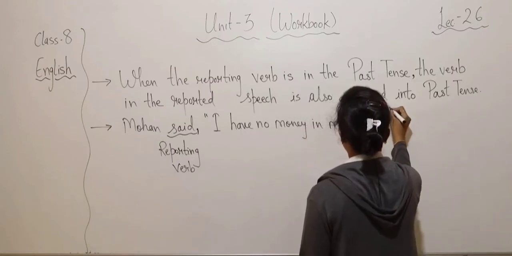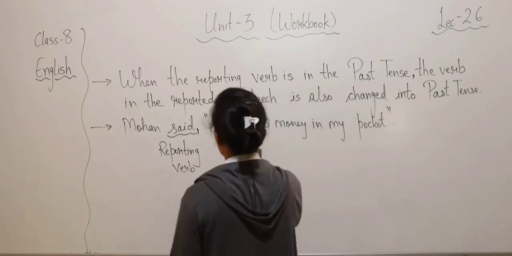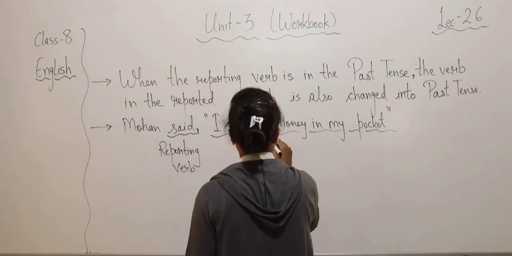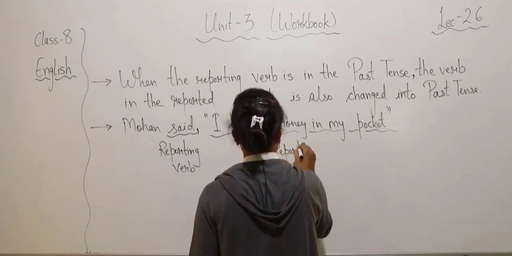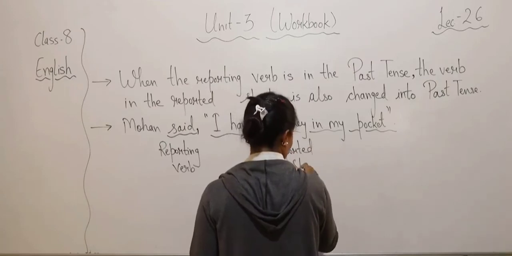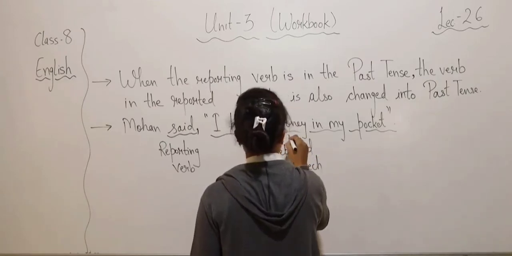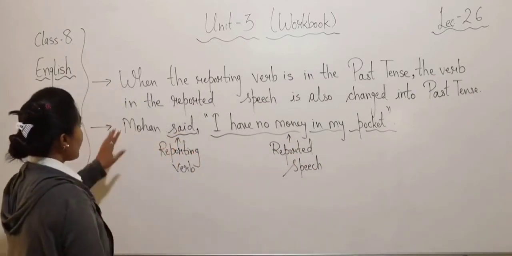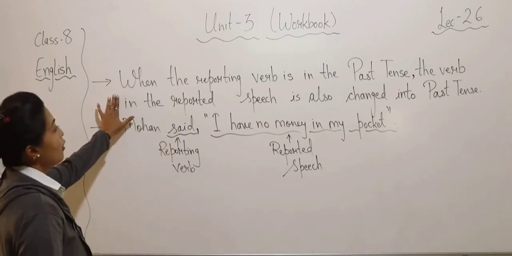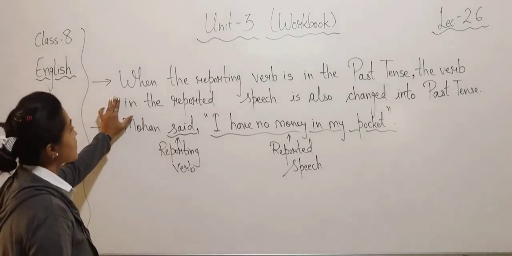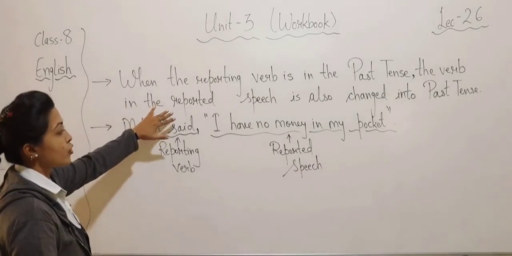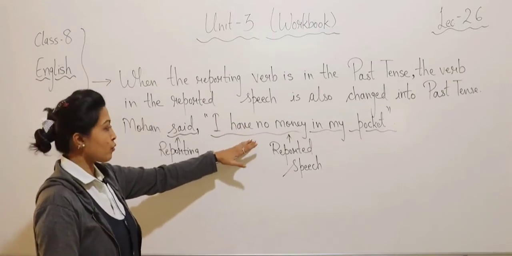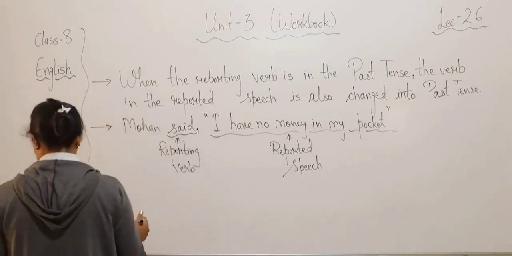This thing is reported speech, and this is the reporting verb. Now, according to the explanation, when the reporting verb is in the past tense, the verb in the reported speech is also changed into the past tense. So, this is in the past tense, so we have to make changes over here.